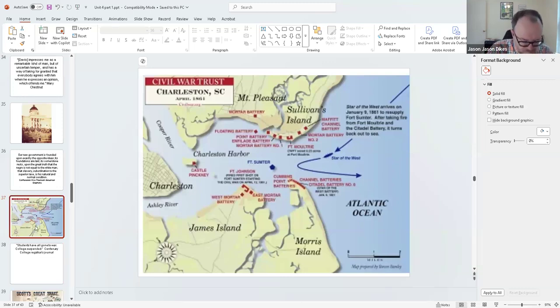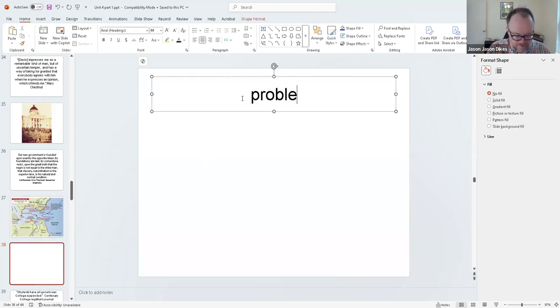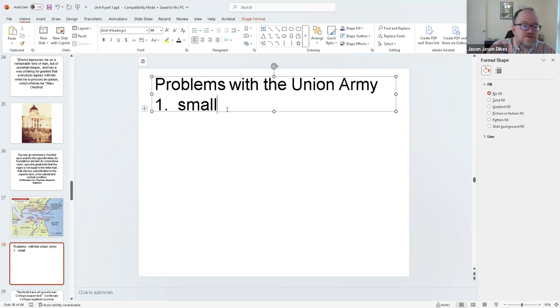Now, problems with the Union Army. The Army was very, very small, only about 16,000 soldiers. A third are going to quit and join the Confederacy.